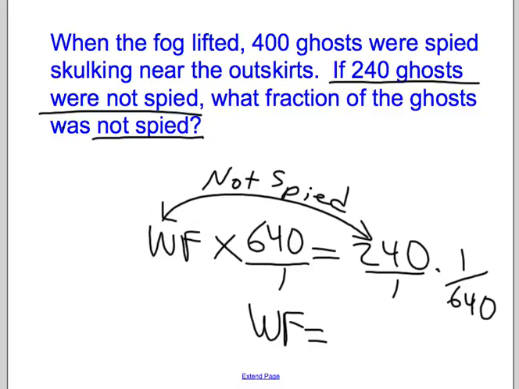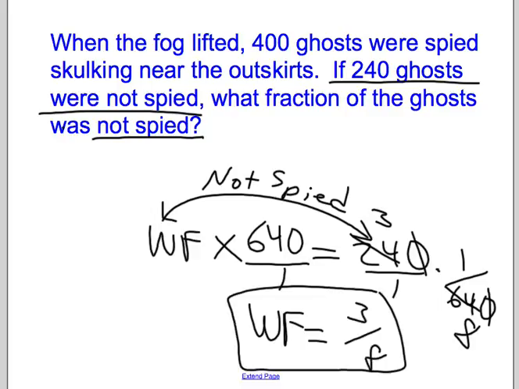You're going to have to reduce it down. I can cancel a 0 and a 0. 8 I know will go into 24 3 times. It'll go into 64 8 times. 3 times 1 is 3. 8 times 1 is 8. 3 over 8. Nifty. Okay. That's not so bad, is it?